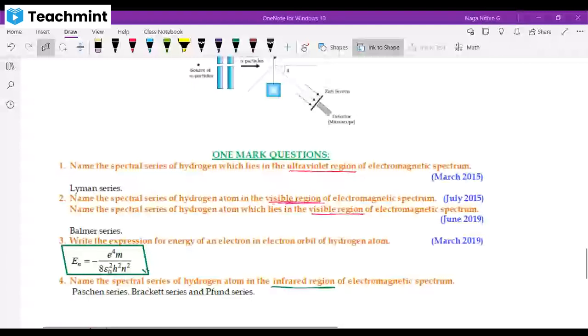I will share these notes with all of you. Any doubts? After atoms, how many lessons are there? Atoms, nuclei, semiconductor devices. We'll finish the 2 chapters also like this, and after that we will plan what to do. Okay. Now I am closing this session.